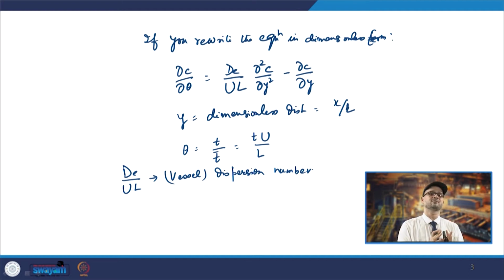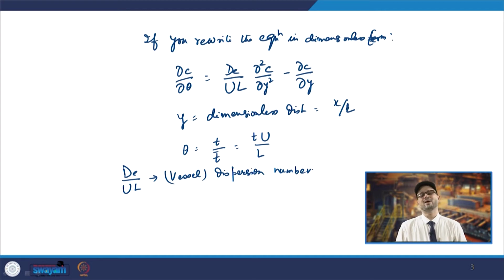Depending upon the different values of the dispersion number, you will have different shapes of the F or C curve. That can be seen, and the effect is more pronounced in the case of the C curve instead of the F curve.